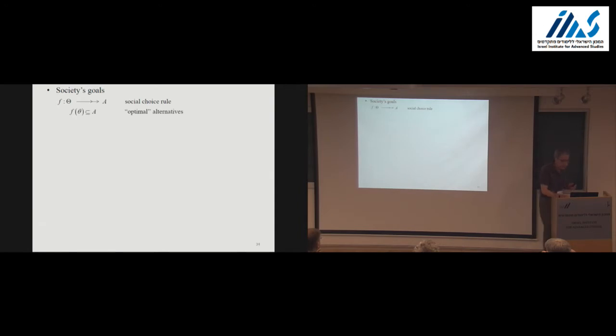So f of state theta is going to be a subset of possible outcomes. You can think of f of theta as being the desirable outcomes or the optimal outcomes or the best outcomes in state theta. These are the outcomes that we would like to have.